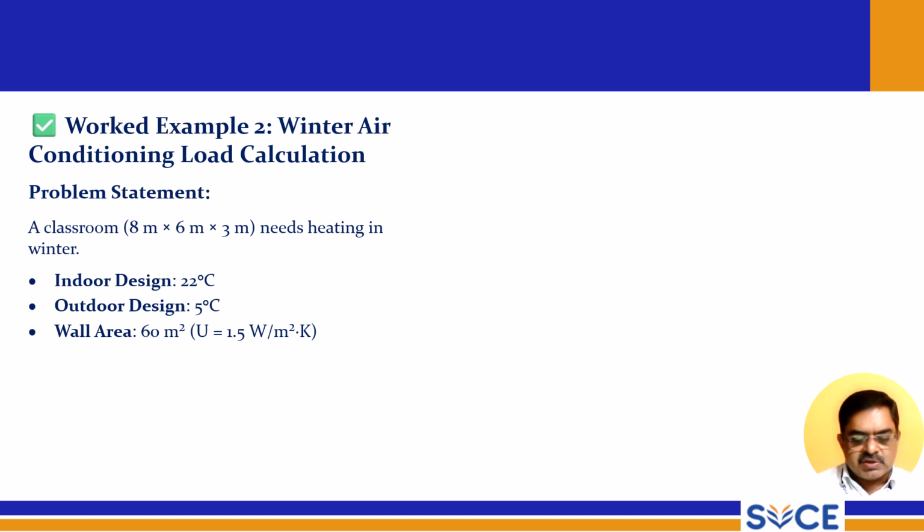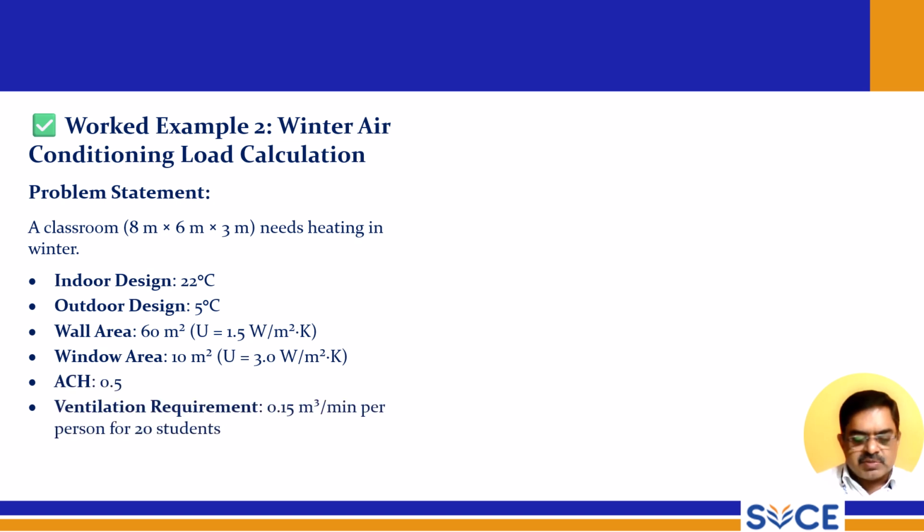U is given as 1.5 watt per meter square Kelvin, and window area is 10 meter square, U equals 3 watt per meter square Kelvin, and ACH is 0.5. Ventilation requirement is 0.15 meter cube per minute per person for 20 students. The volume of the room is V equals 8 into 6 into 3, so 144 meter cube.